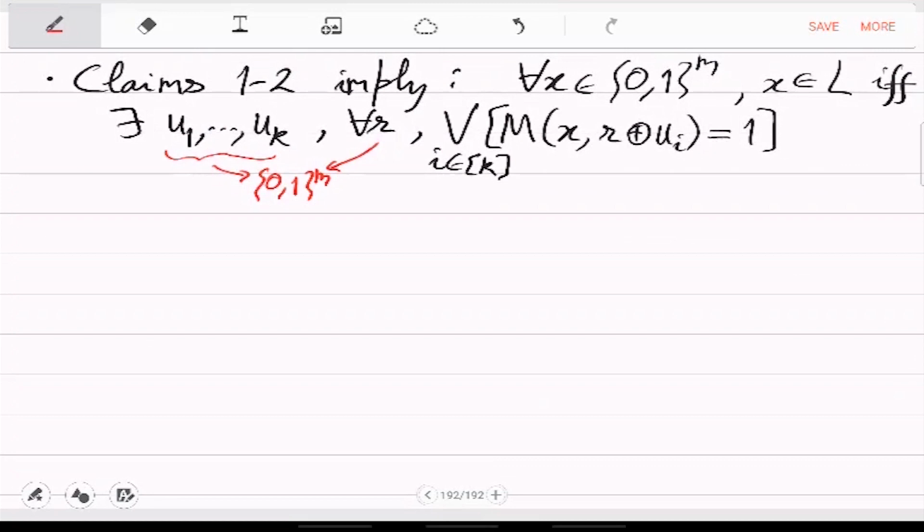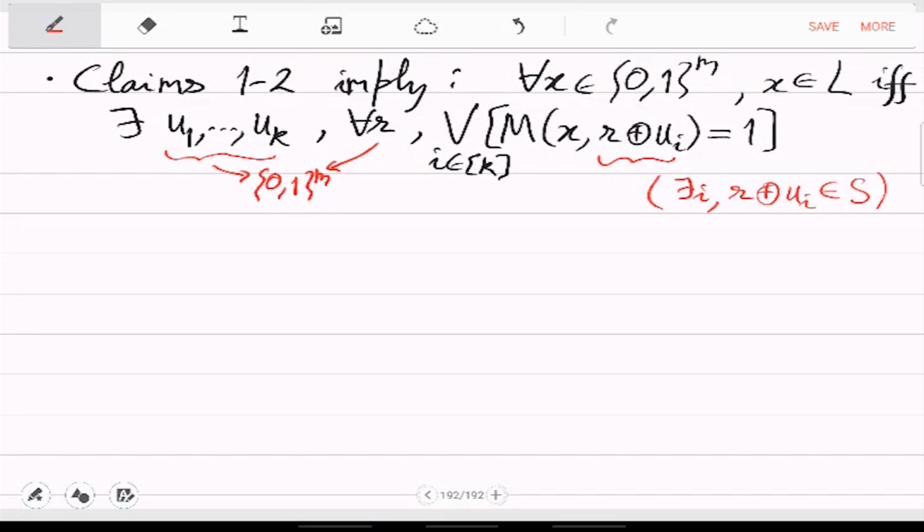This is because this R plus UI that we picked is in S. There exists an I such that R plus UI is in S. It's equivalent to saying that gamma U S via UI, R is a neighbor via UI of some point in S.